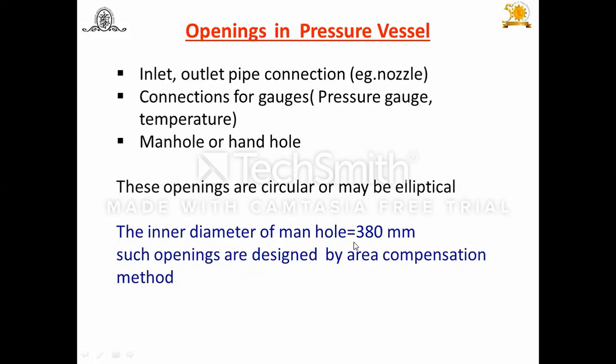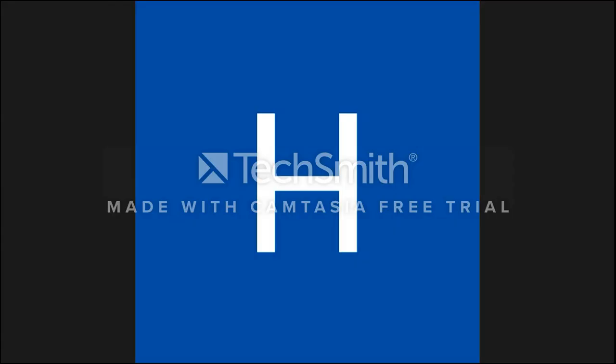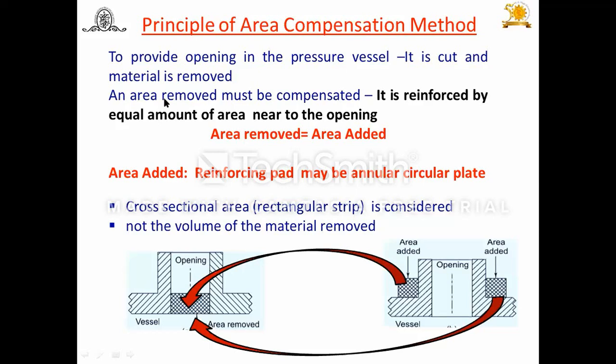Such openings are designed by area compensation. What do we mean by area compensation? To provide this opening, the pressure vessel is cut to fit the opening to the cylindrical shell.